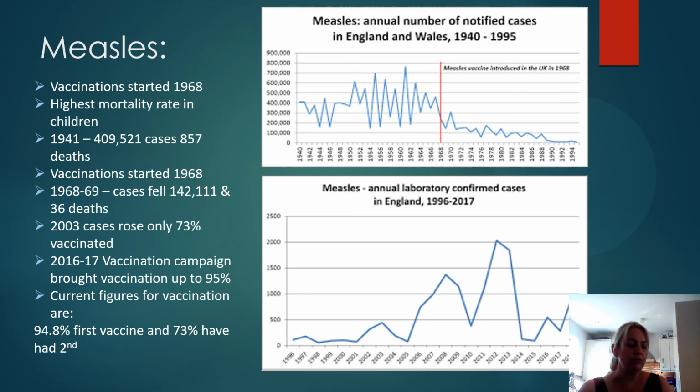Following the vaccination programme from 1968 to 69, these rates fell significantly to 142,111 cases and only 36 deaths, and these rates have fallen ever since the vaccine was introduced. These rates have fluctuated over the years but have remained low because there have been various vaccination campaigns every other year when it's been necessary.